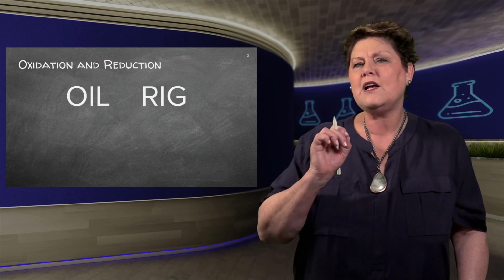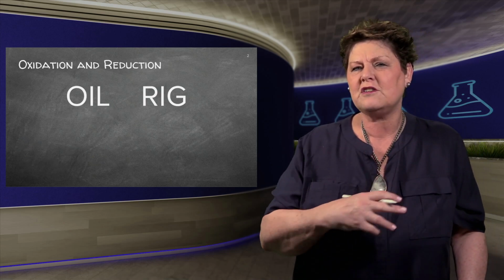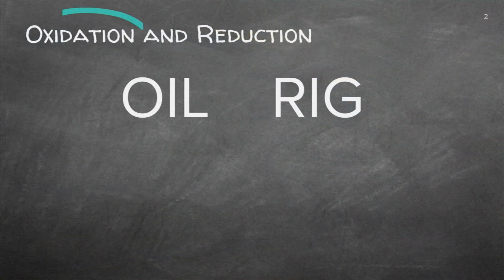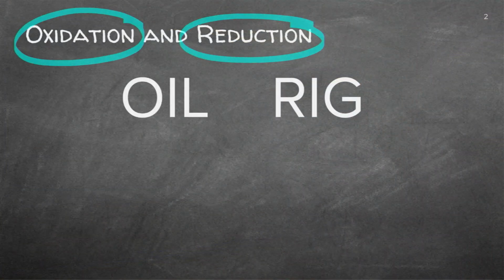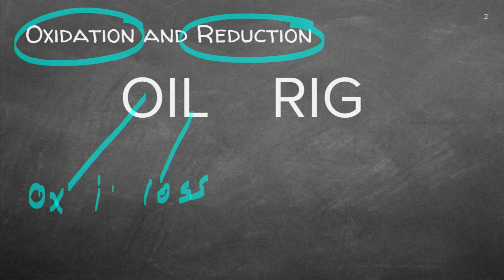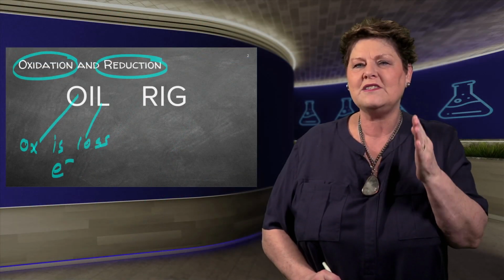Now we always go back to the source of this type of reaction, which is oxidation and reduction. What does it mean? Oxidation is the loss of electrons. So one substance will lose electrons, and that we call oxidation.